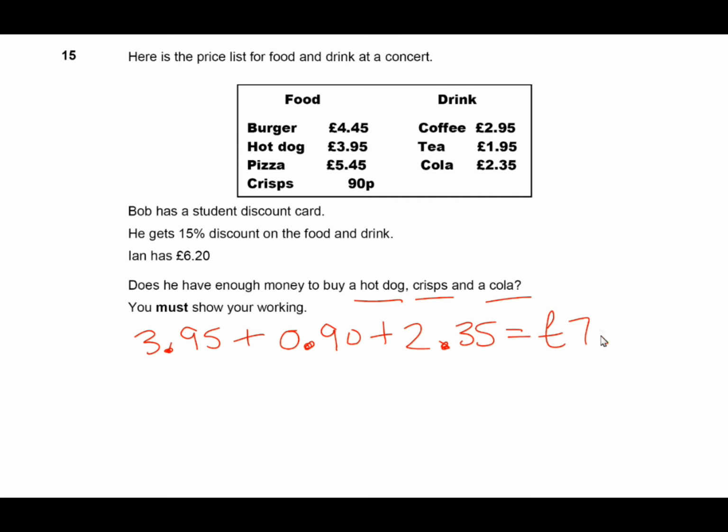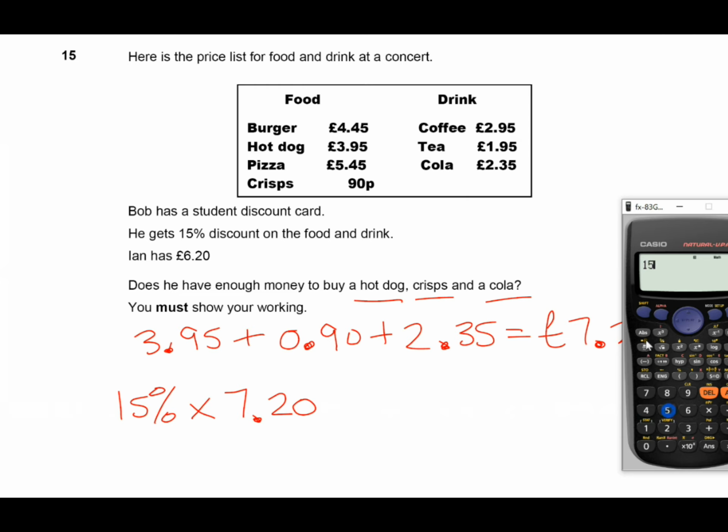So if he didn't have a discount, he would need £7.20. He has a 15% discount, so 15% of the £7.20, and we can put this straight in our calculator. 15, don't forget the shift button and the percent of the £7.20 means he gets £1.08 off.